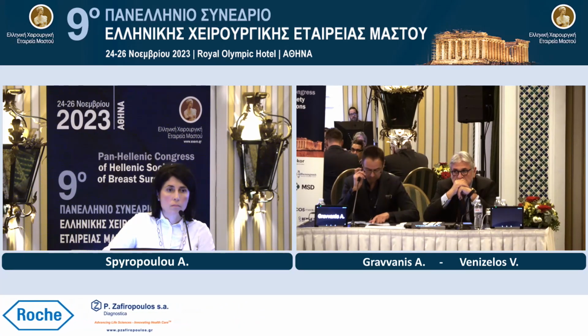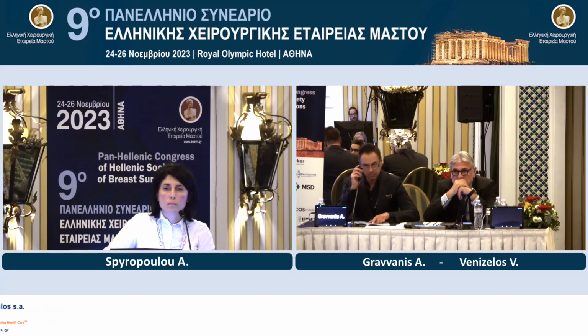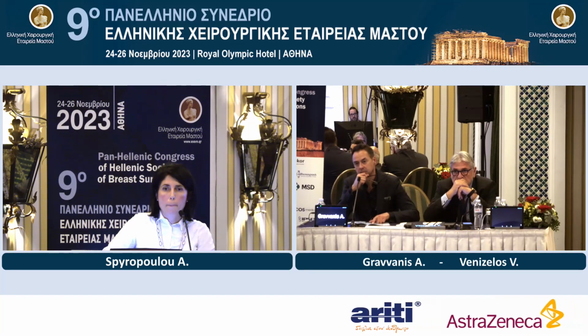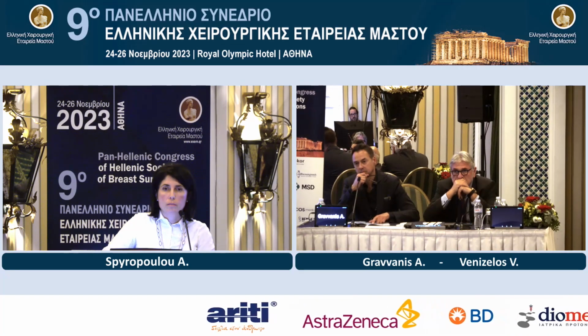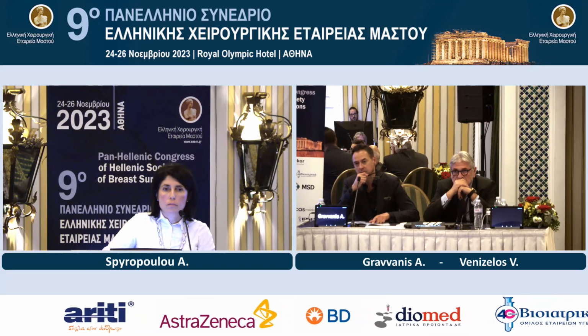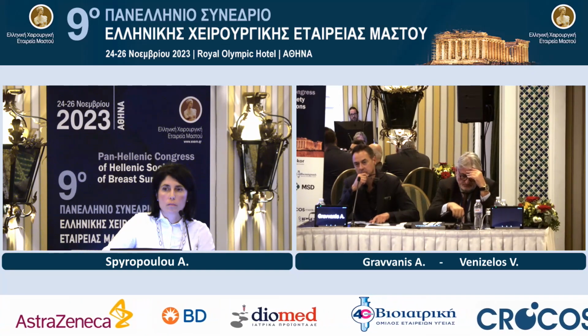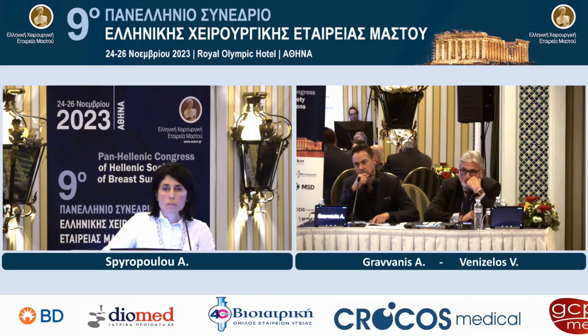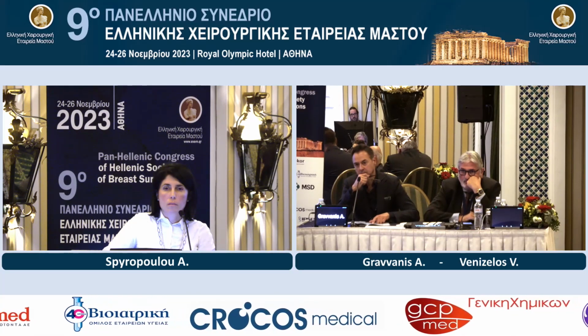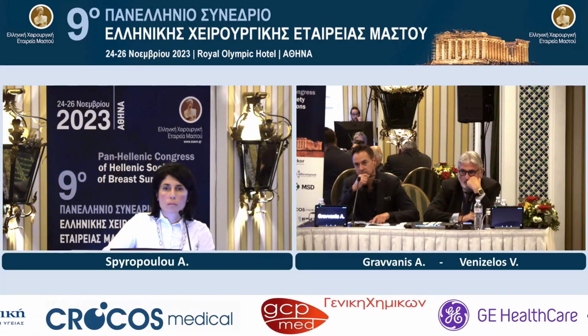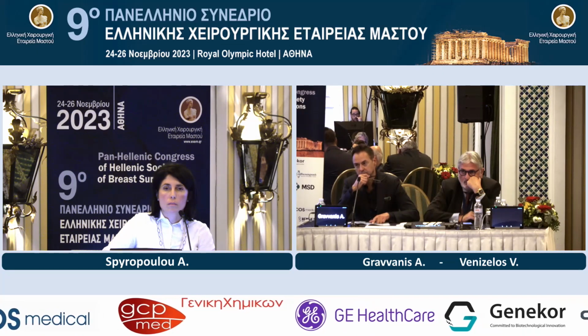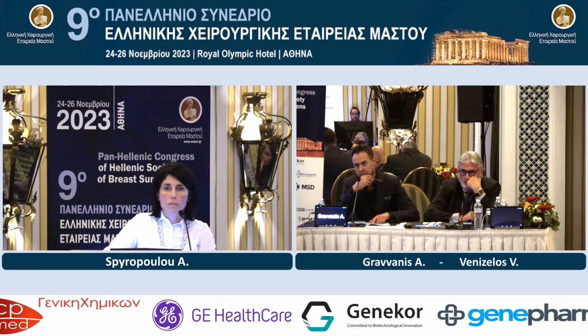Another comment is that we shouldn't forget that we can always use a tissue expander in the prepectoral space, and that would create some sort of a mesh and a capsule that you can use in the final reconstruction. I agree with Dr. Spiropoulou in terms of not using fat grafting in the same setting as the mastectomy, because you don't really have a closed space to put the fat in. It's much better to do it in a delayed fashion.